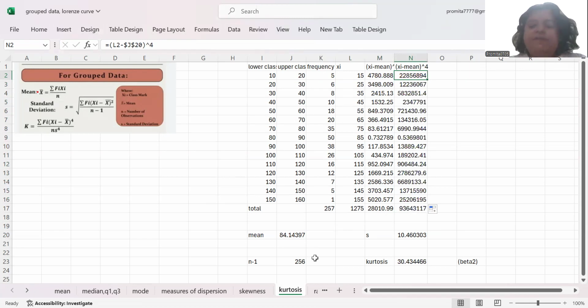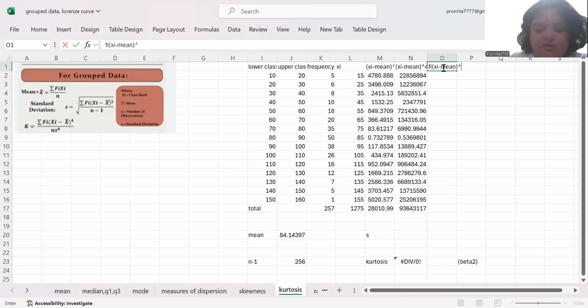Then we have to calculate fi into this whole thing. So fi into xi minus mean square, and then we calculate fi into xi minus mean to the power 4.